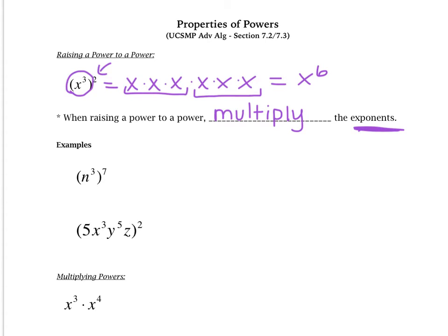Okay. Let me see, we just started notes. Okay. For that first one, I would rewrite that as n to the 21st, right? So this would just be n to the power of 21.